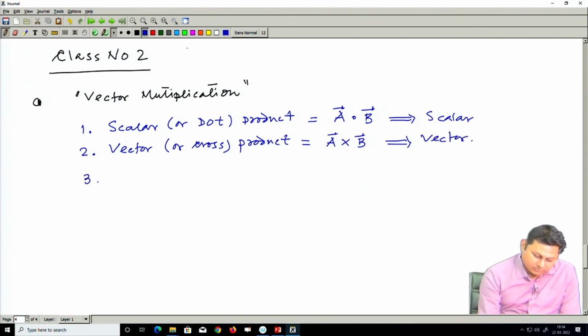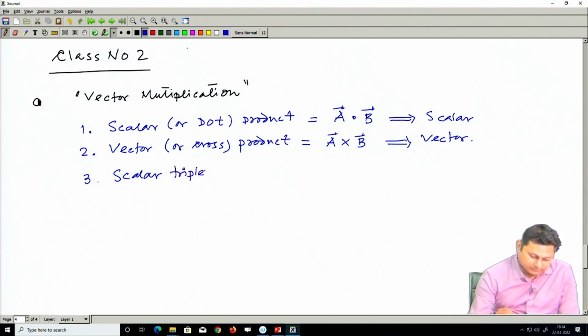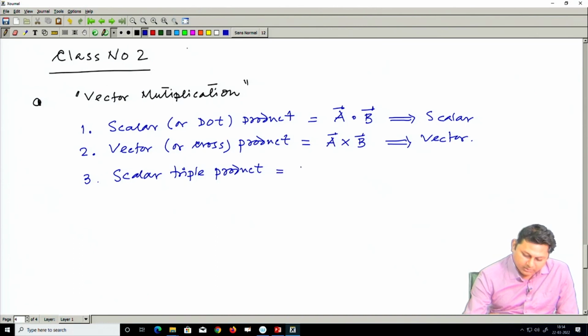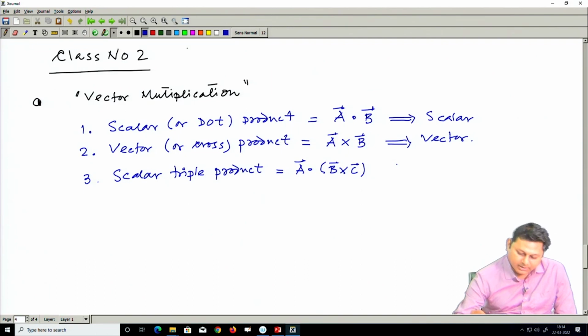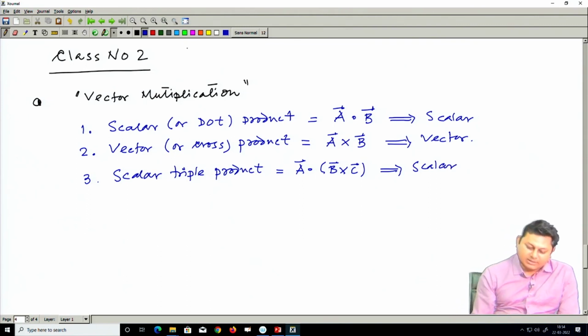What is the third one? It is called the scalar triple product, where I have three vectors, A dot B cross C. Again, the outcome will be a scalar quantity.